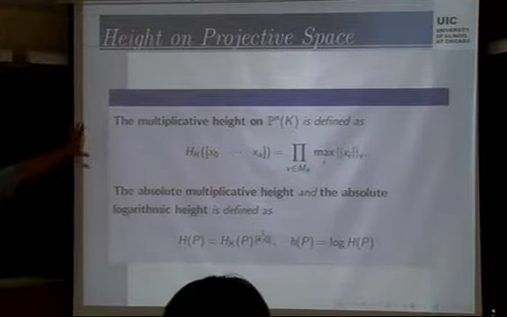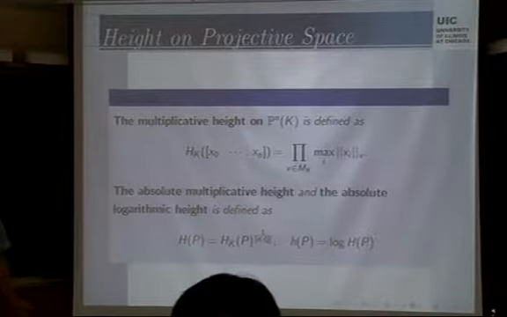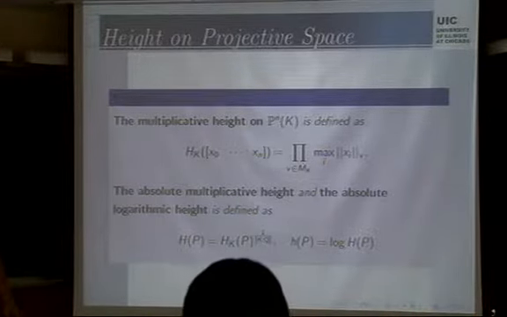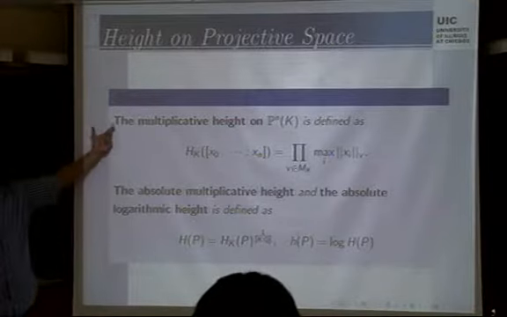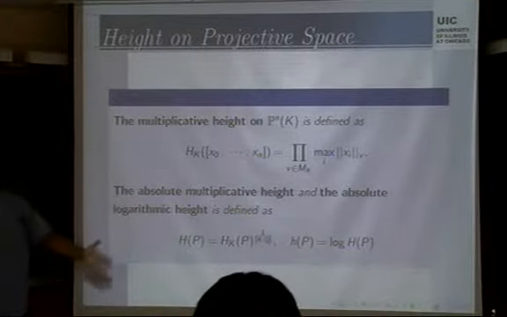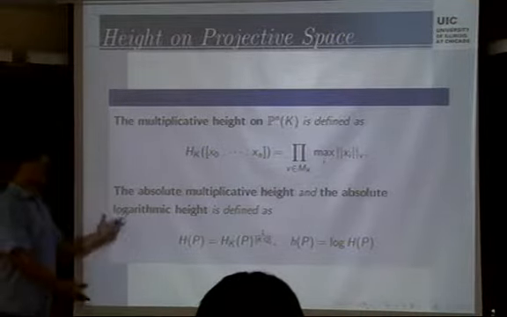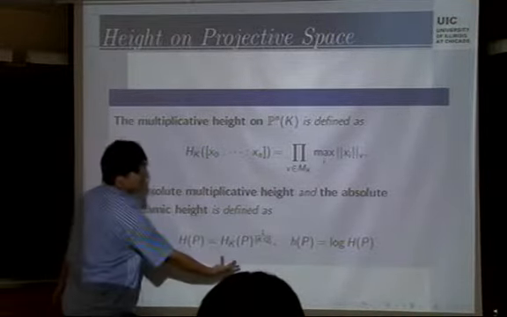But it's not enough because we have lots of number fields. For example, if you have the number 2, that will be included in the rational field and Q of square root 2 and so on. Then this multiplicative height on projective space over a number field K varies up to your choice of field. So we should normalize this, which makes it like that.